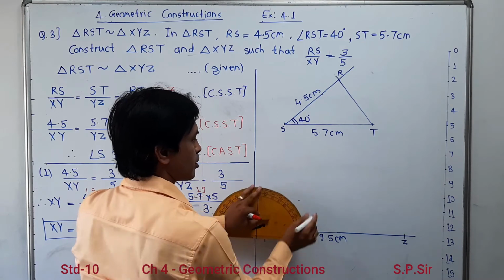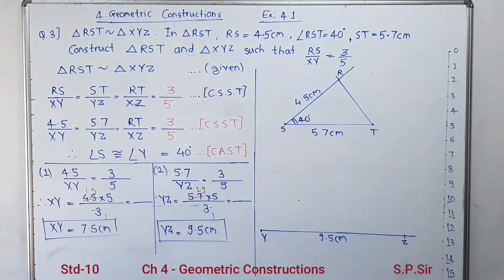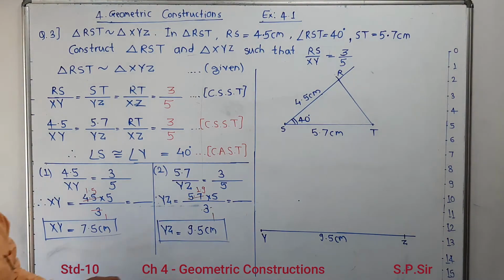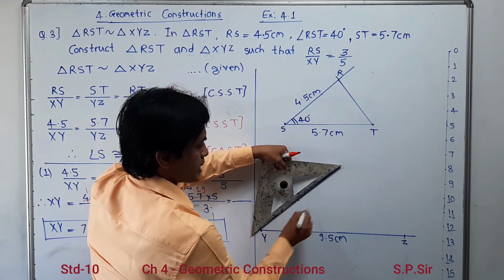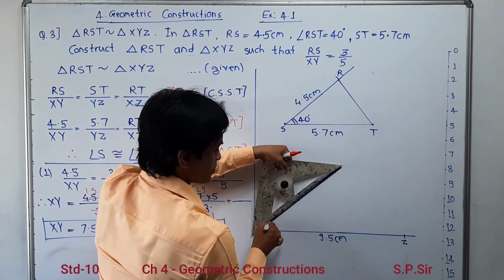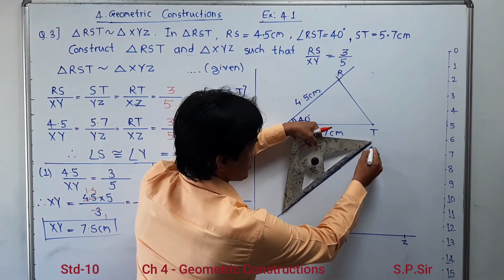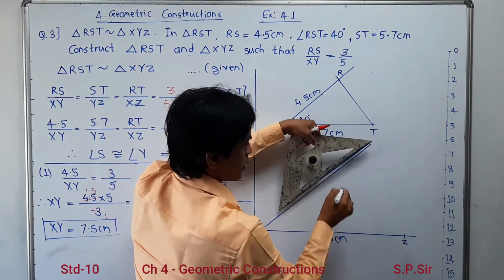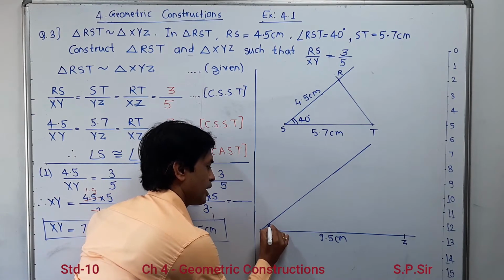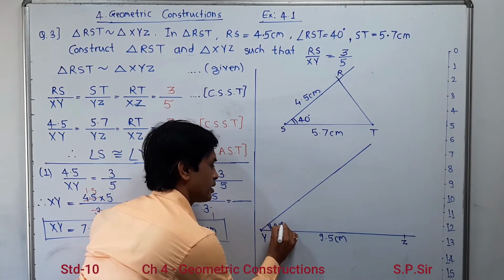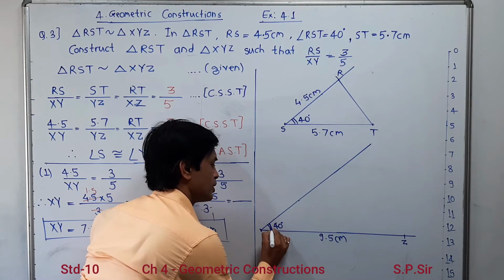So I'm going to make a marking of 40 over here. Again you have to enlarge the scale over here and extend the line from point Y. Now you are able to get a value at Y, and that is 40 degree. So this 40 degree value is over here.